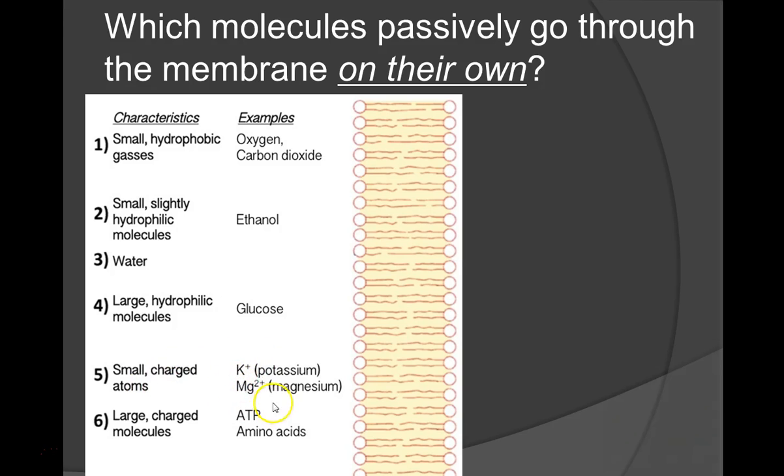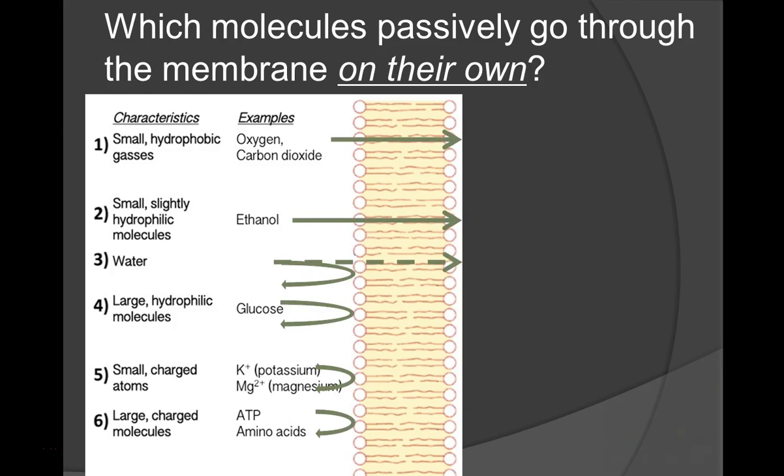Notice it's an ion, magnesium. You may need to go back to chapter 2 to remind yourself about whether these things are hydrophobic or hydrophilic, and then large charged particles. So go back, take a minute, work it out, and then start this again. See if your answers are correct.